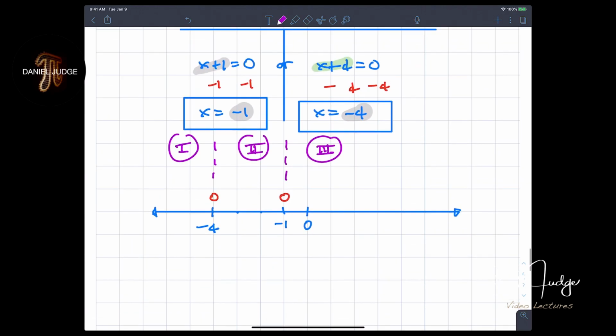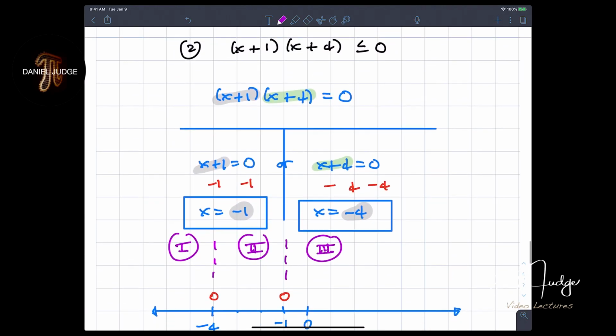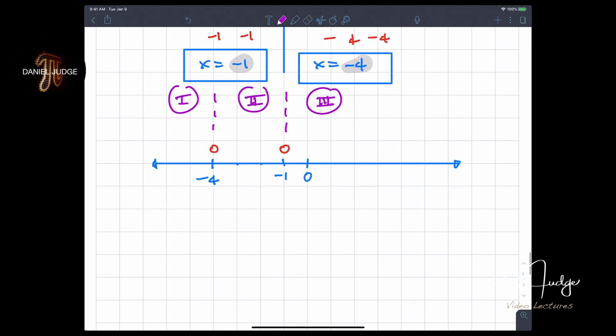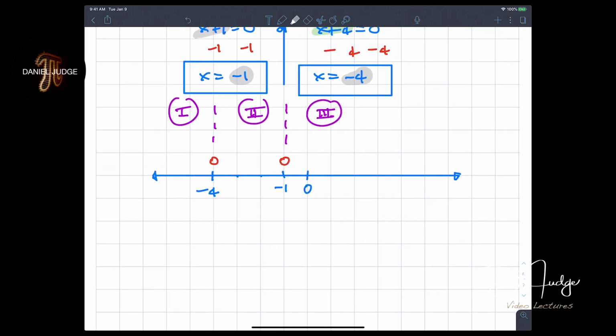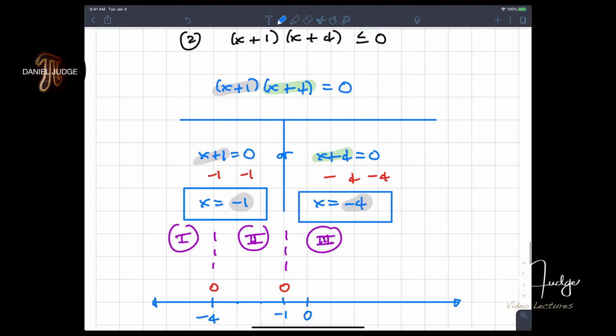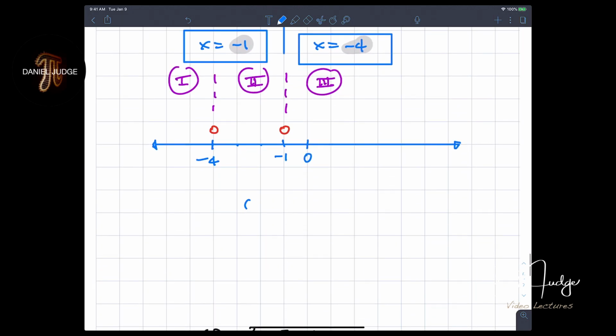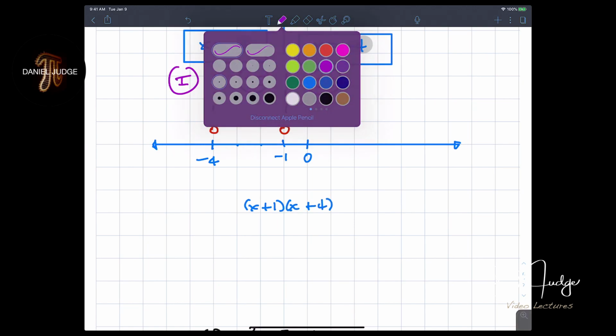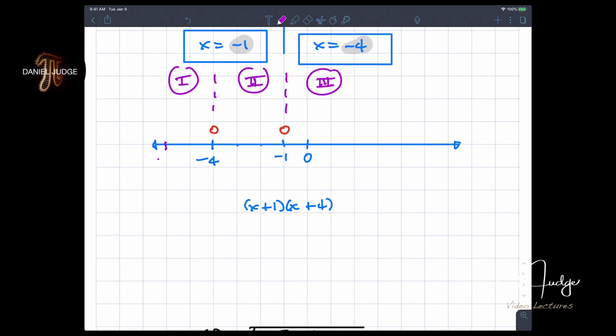So ladies and gentlemen, here are our 3 regions, x plus 1, x plus 4. We have to check the signs. Now, again, you say, what do I use to check those signs? You're going to use x plus 1 times x plus 4. But we need those test points. So we need to find a number clearly in the region, like negative 6 is clearly in region 1.